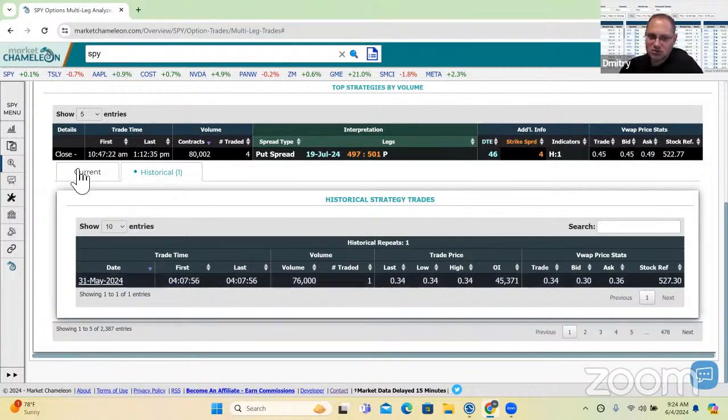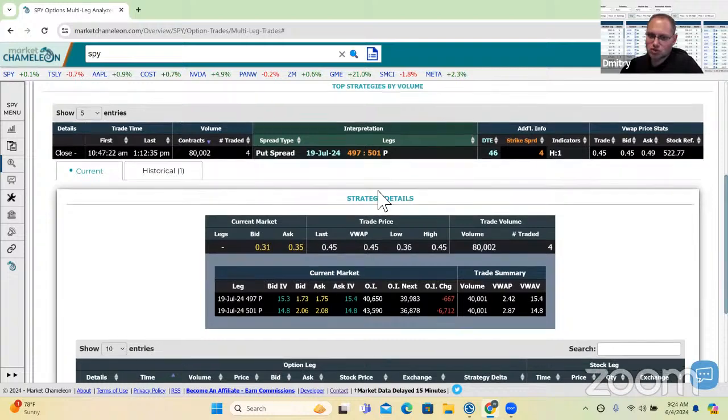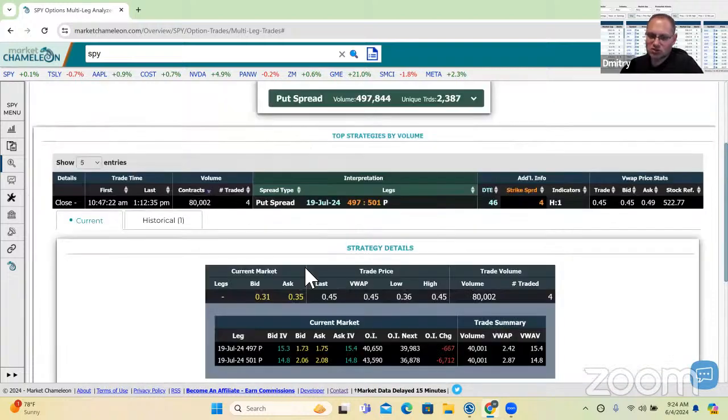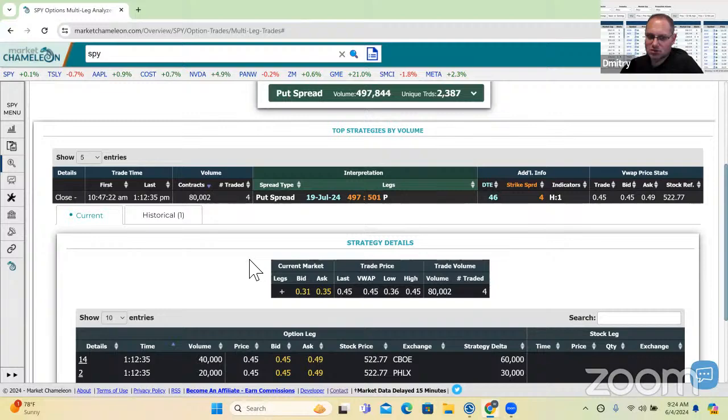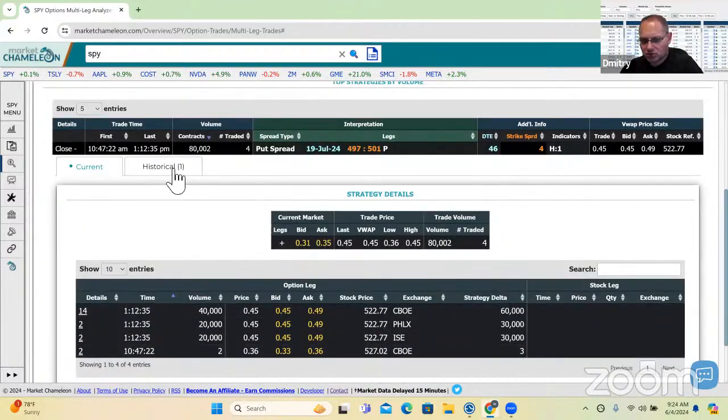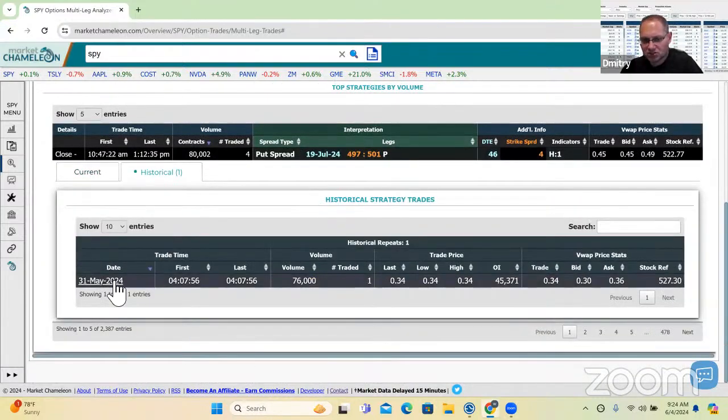This is yesterday's trades, June 3rd. But we also see on May 31st, this same spread traded 76,000 contracts for 34 cents. You could see here the trade VWAP price 34 cents, with the market 30 cents, 36, with the stock at 527.30.